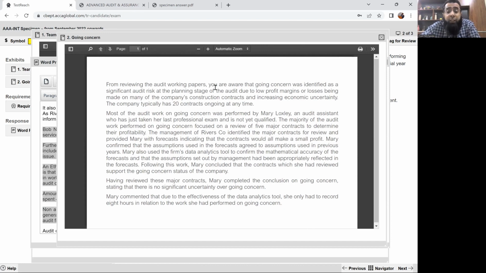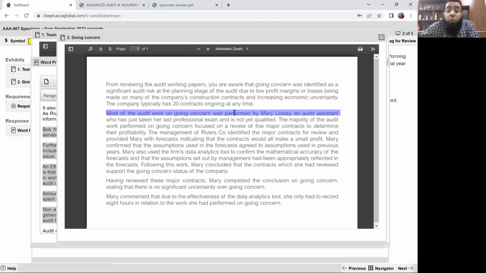From reviewing the audit working papers, you are aware that going concern was identified as a significant audit risk at the planning stage of audit due to low profit margins or losses being made on the company's construction contracts and increasing economic uncertainty. The company has 20 contracts ongoing at any time.